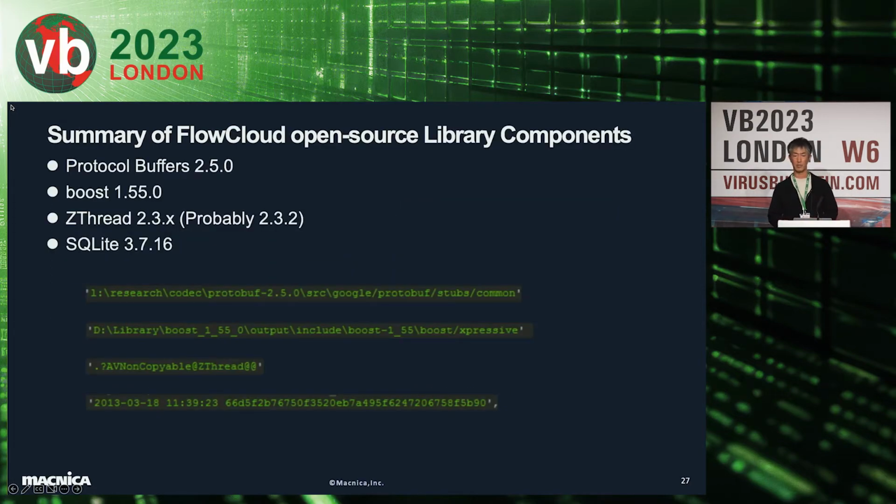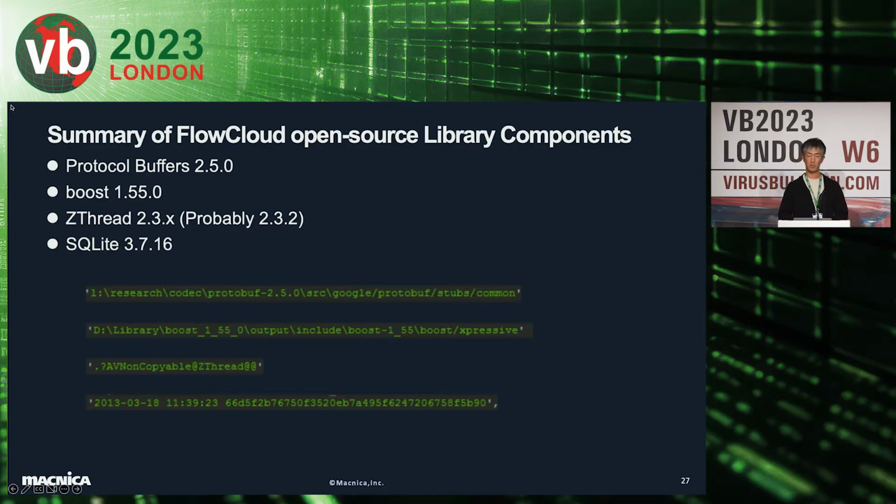Fortunately, we could get the open source library versions from the FlCloud DL binary from the left strings. The protocol buffer version is 2.5.0, and the Boost version is 1.55. For ZThread, unfortunately we could not get the exact version from the binary, but comparing with multiple source codes of ZThread, we believe that it is 3.2.